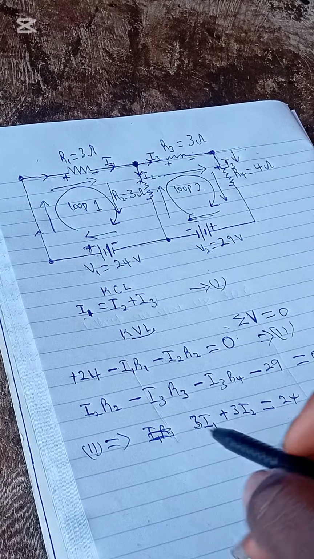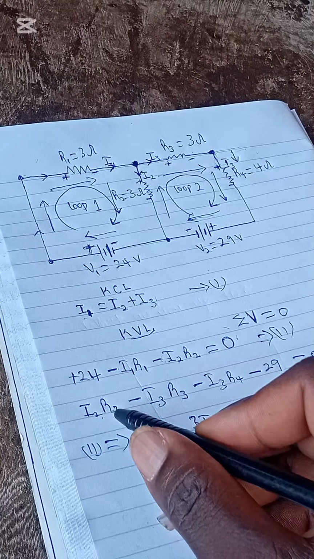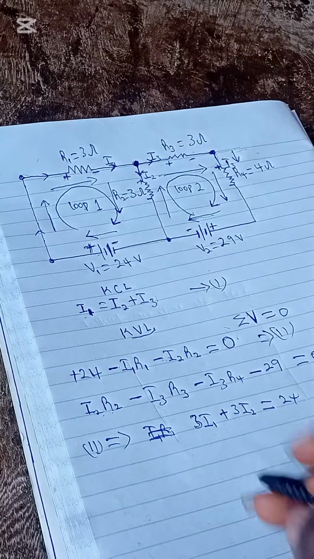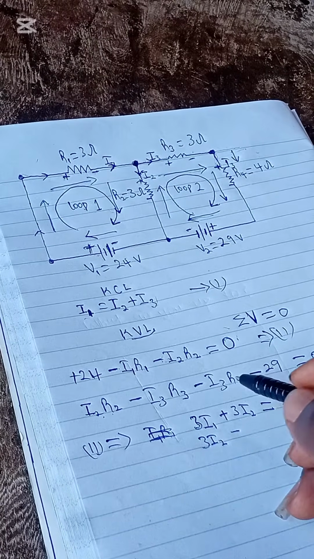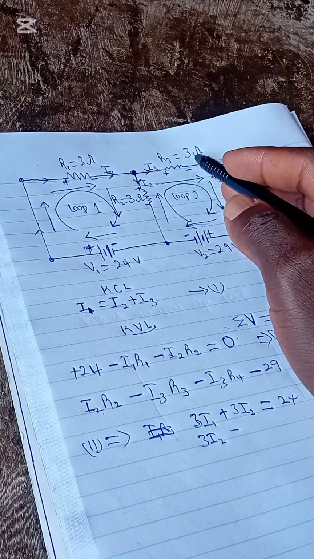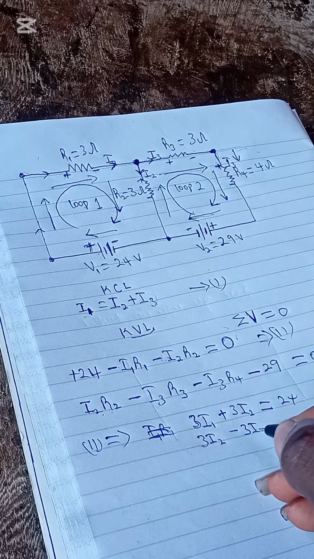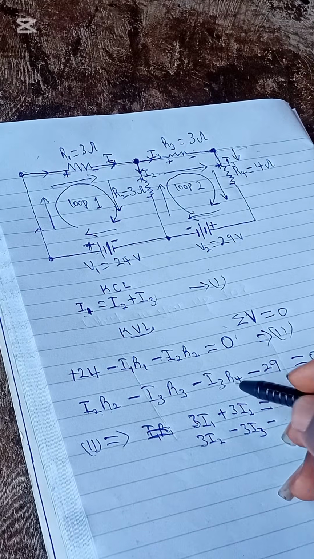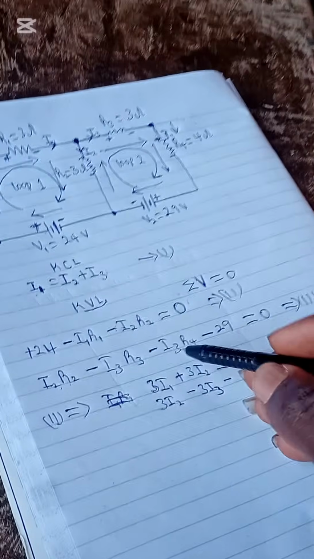For equation 3, we have I2 R2. What's our R2? 3. So that will give us 3I2, minus I3 R3. What's our R3? 3. Minus 3I3, minus I3 R4. What's our R4? 4. 4 times I3.